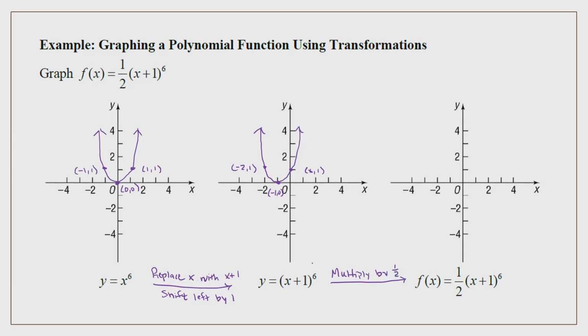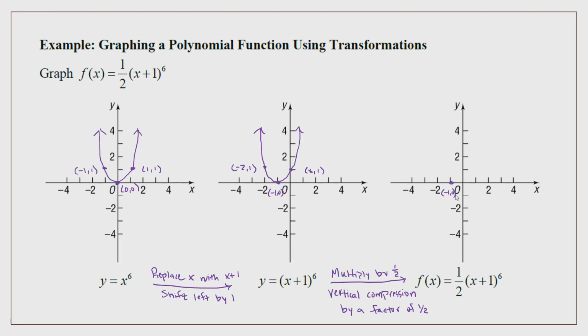If you multiply by 1/2, that means there's going to be a vertical compression by a factor of 1/2. So my previous point (-1, 0) will remain (-1, 0). That's not going to change.